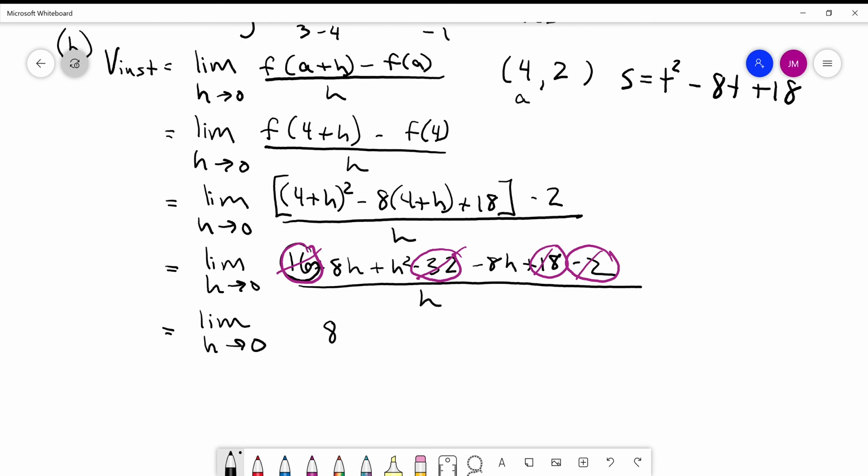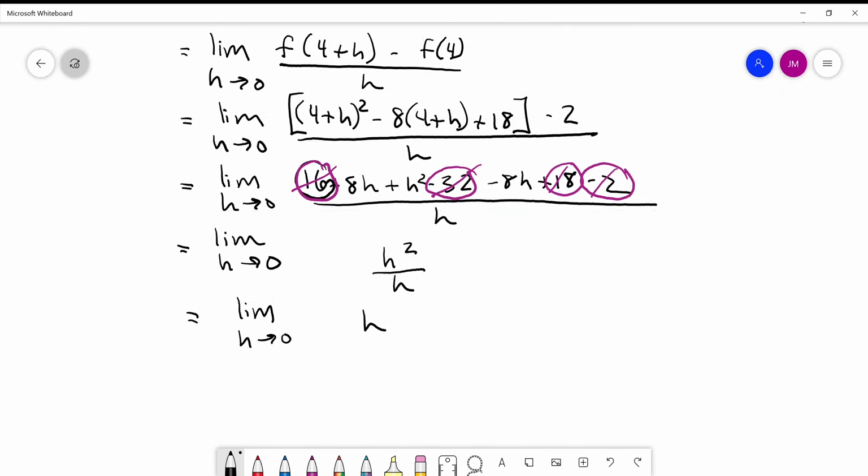So then we've got 8h minus 8h. Those are going to cancel. And I'm left with h squared over h, which leaves me with just h. And now I am substituting 0 in for h, which leaves me with 0.